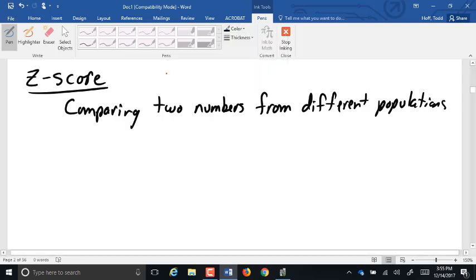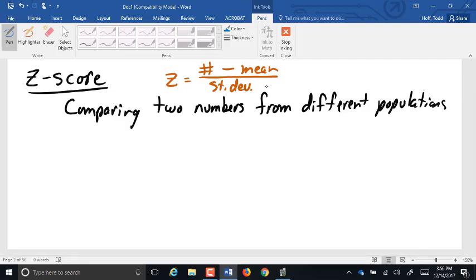Remember, the z-score was equal to the number minus the mean, and then that difference divided by the standard deviation. If I remember right, I believe we compared SAT scores to ACT scores.